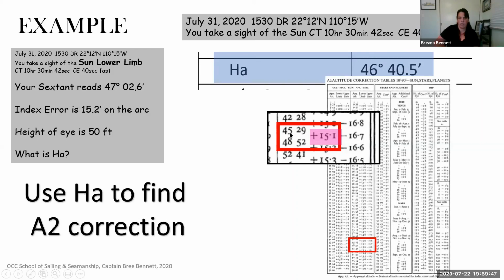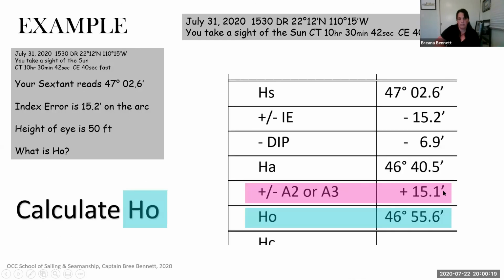So we have the 40 and 29 and the 48, 52. So a wide spread here. Our A2 correction would be a plus 15.1 because it was the lower limb. Yes, it said you took a sight of the sun's lower limb. So we have a correction of plus 15.1. We put that in our A2, and then we can calculate our HO.